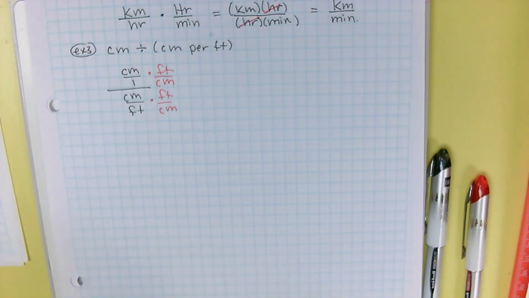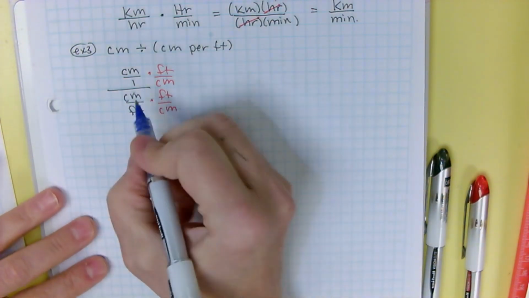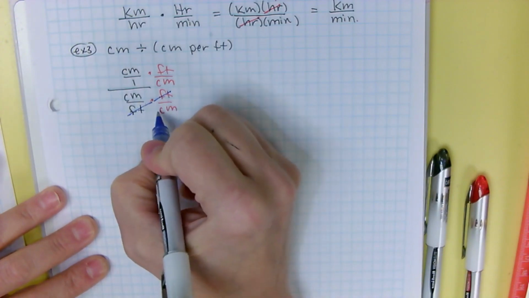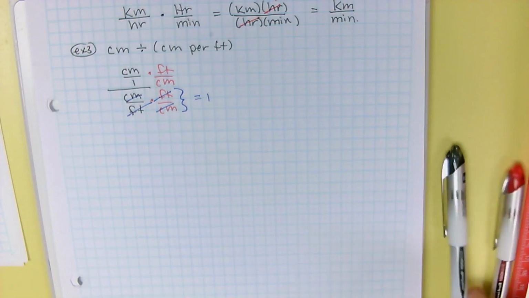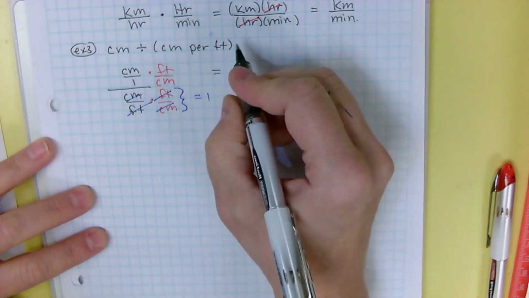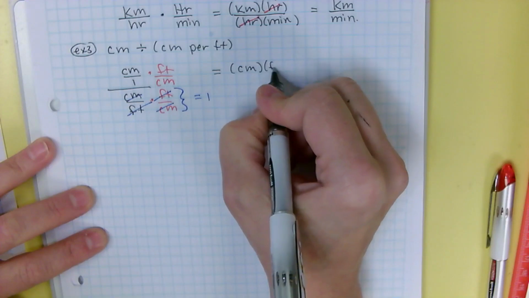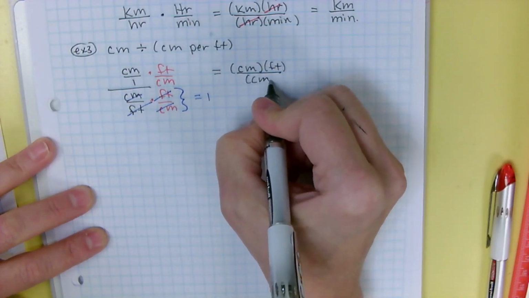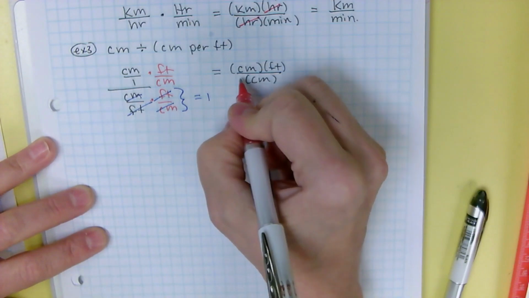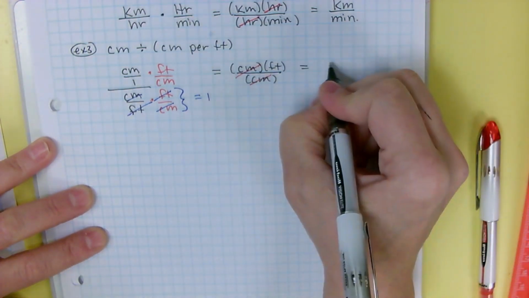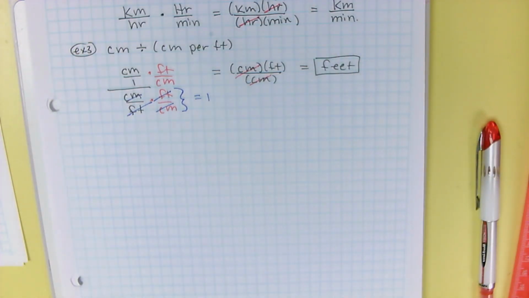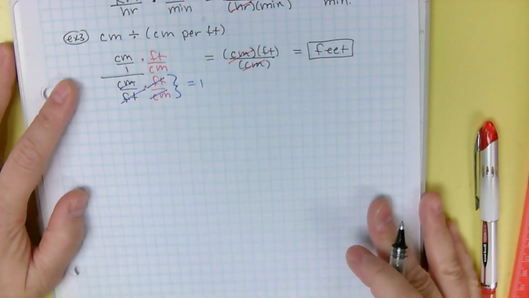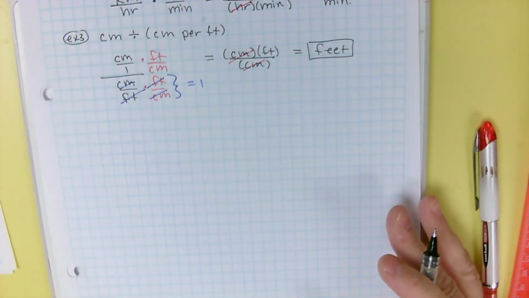The bottom completely cancels to 1 because feet goes into feet one time and centimeters go into centimeters one time, so it can be disregarded. On the top, we have centimeters times feet over centimeters. The centimeters divide out, and our units end up being feet. So yes, we're using a little bit of everything we've learned. These things are going to come up in a problem when you're trying to figure out the units of the answer.